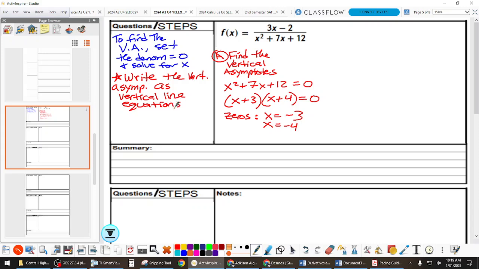The good thing is when you're solving, if you say x equals like we did, it's already in the form of a line. So those are our two asymptotes, x equals negative 3 and x equals negative 4. I'm going to write it again just with that new title, but it's no different.